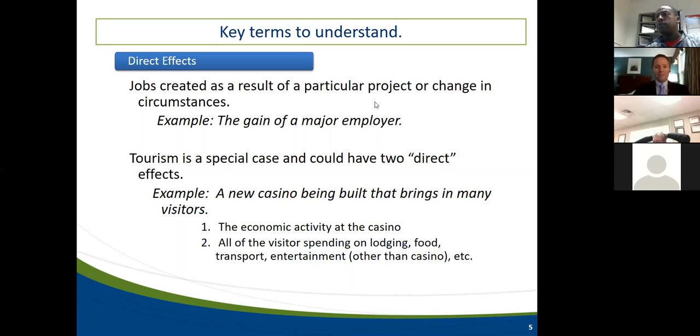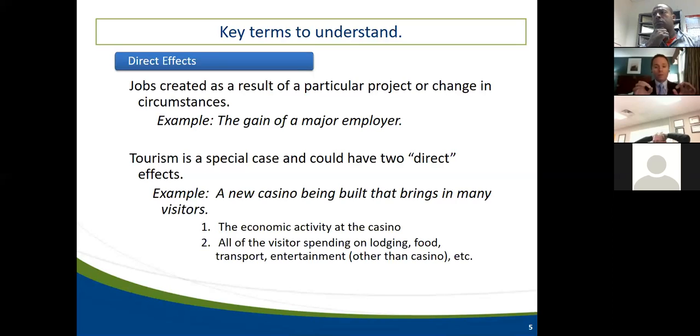Wonderful. Okay, we'll continue then. So for tourism, there's kind of an extra wrinkle in here, and I just want to make sure people understand this. You might have, for example, an amusement park or a NASCAR racetrack or something like that, and there's a bunch of jobs at the site. Let's say there's 50 jobs at the site, but tourism is a special deal.